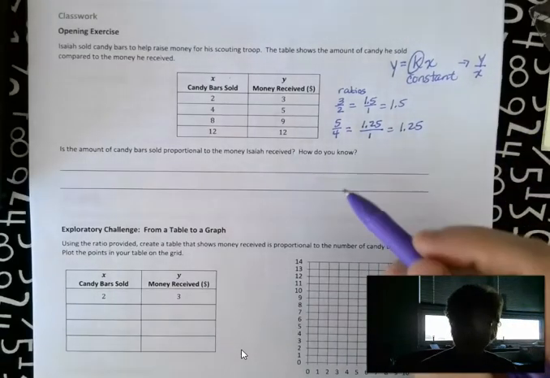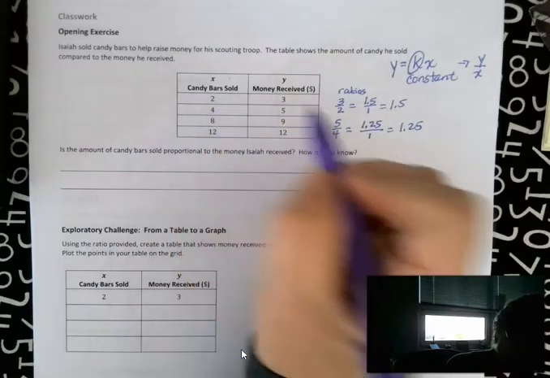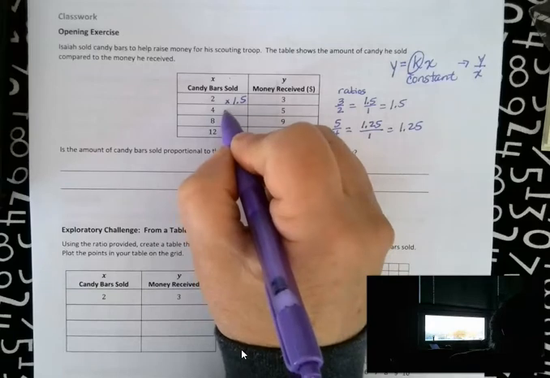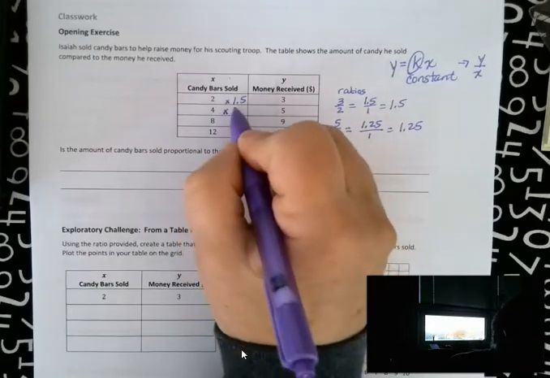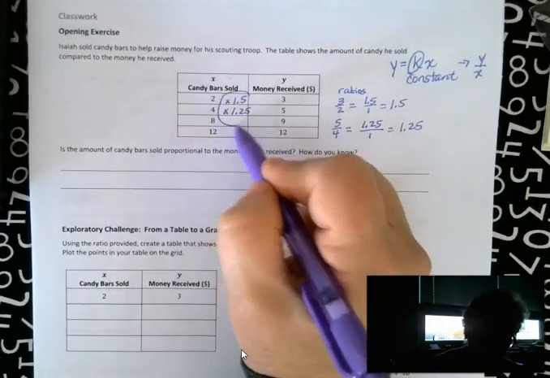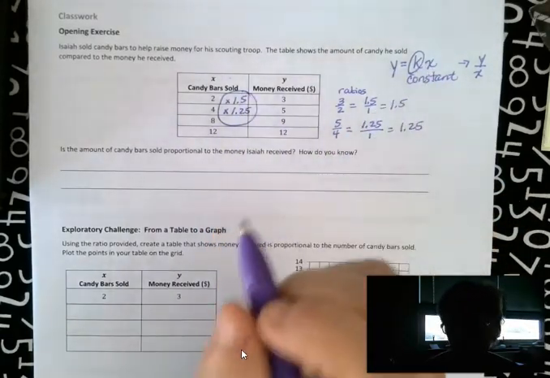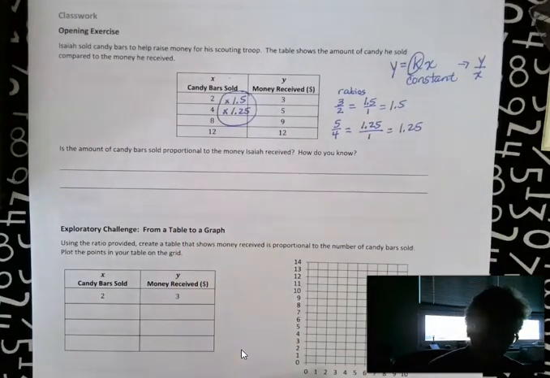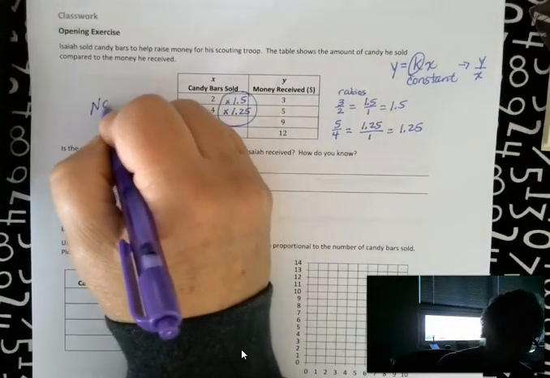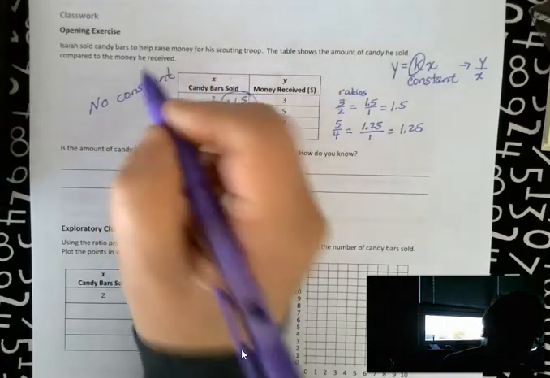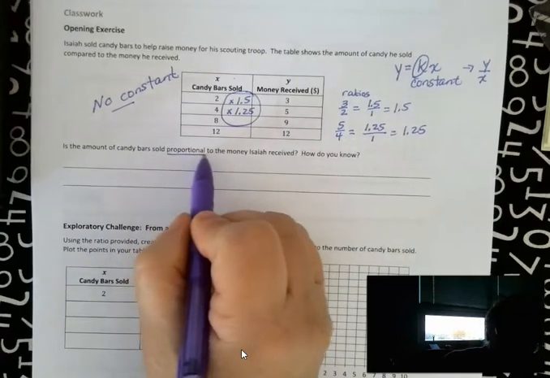So if we take a look at these two numbers, that means that I have multiplied 2 times 1 5/10, and I've multiplied 4 times 1 25/100. So the fact that these two numbers right here are not the same means that our ratios are not equivalent. So there is no constant of proportionality. So they are not proportional.